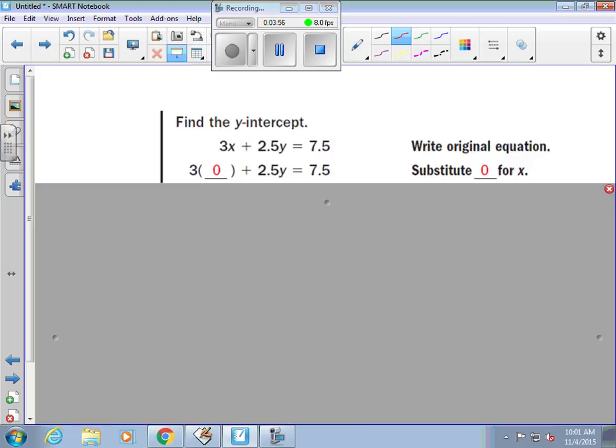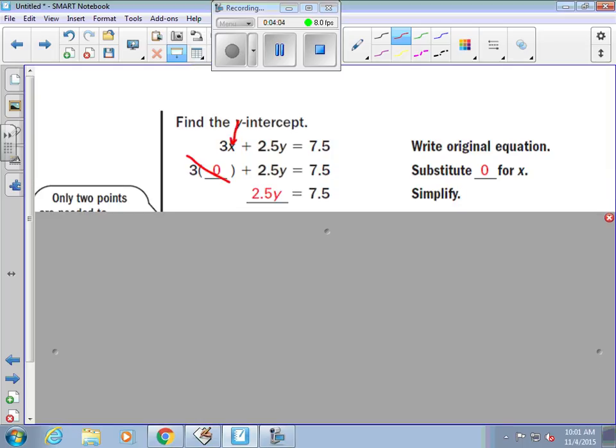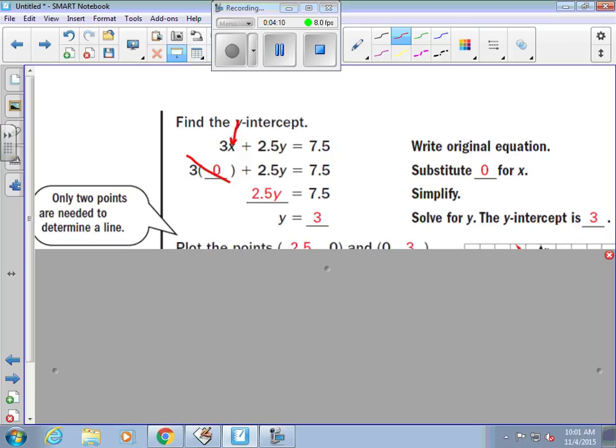For the y-intercept, you're plugging in 0 in place of x. 3 times 0 cancels that part out and leaves you simply with 2.5 times y is equal to 7.5. When you divide by 2.5, you get y's intercept at 3. On a picture, if this is your y-axis, at 1, 2, 3 is where it's going to cross through.